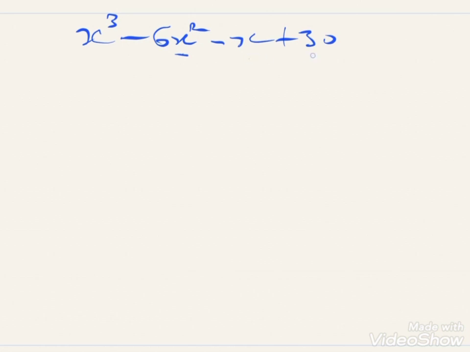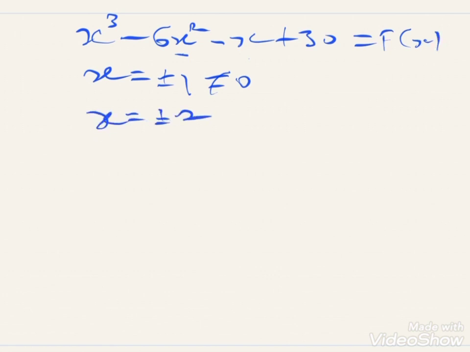Putting 1 here will not give me 0. The same thing goes with minus 1. So x equals plus or minus 1 is not equal to 0 when we substitute in this expression, f of x.